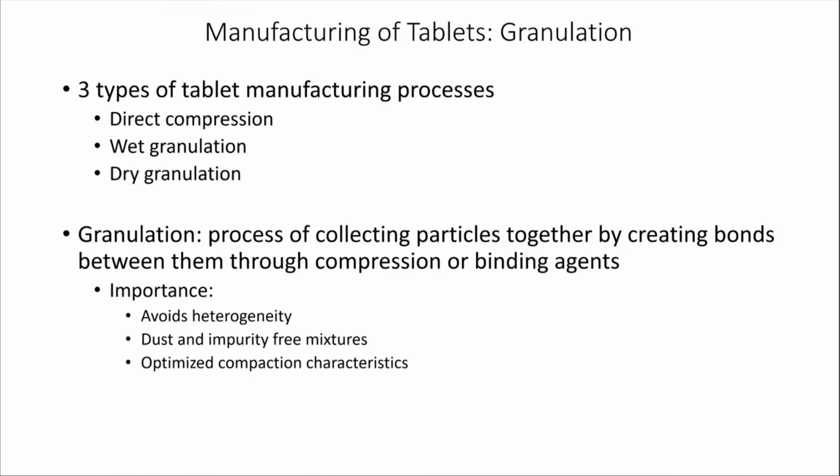And this dust might contaminate another drug that's on the other assembly line. So the impurities might be due to another drug. And that's not true with liquid formulations because it's all in closed off pipes and there's no dust with liquids. And also we need optimized compaction characteristics, like the different forces involved, the instrumentation, the equipment involved with the compaction.